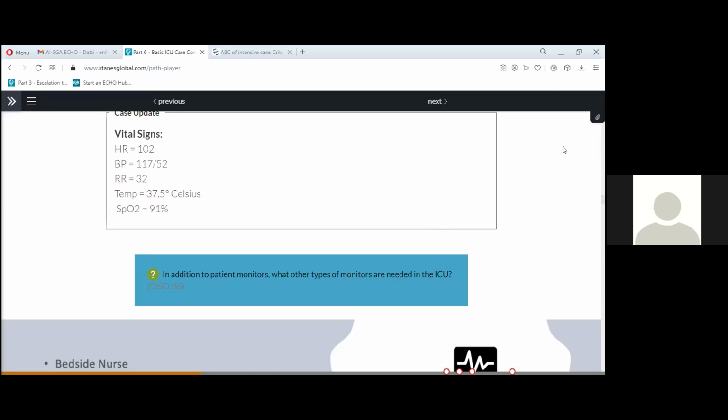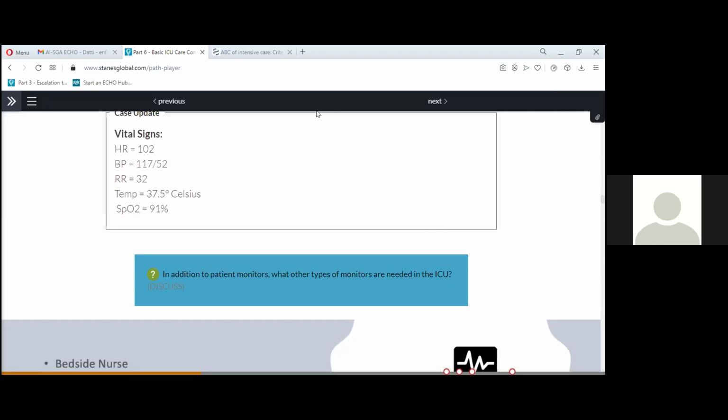So we've got a lot of responses. Arterial blood gas monitoring, which could be the handheld iStat, or the ABG analyzer, which is much larger. Intracranial pressure monitoring for patients with raised ICP.